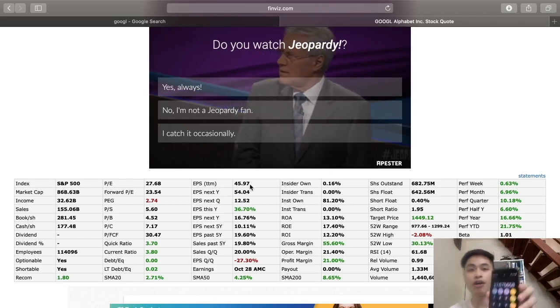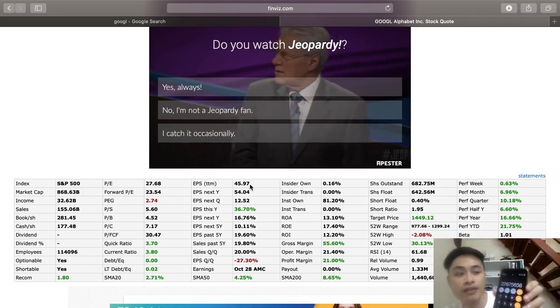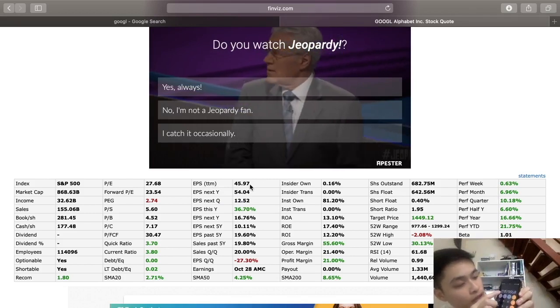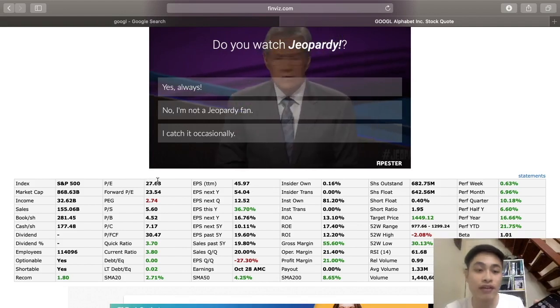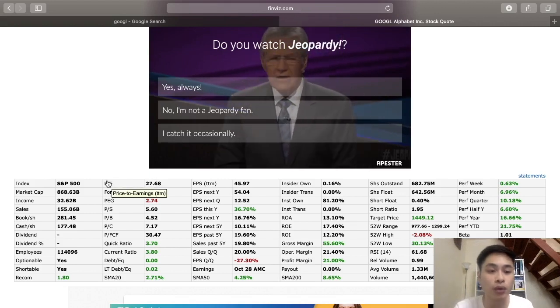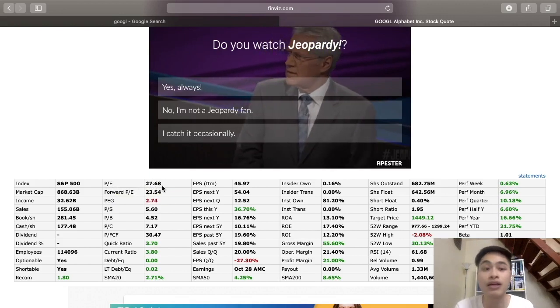As you can see on my calculator app, Google's price earnings ratio is 27.67, which is very similar to the PE ratio provided by the financial website. As you can see here, the price earnings ratio of Google is 27.68. What I got on my calculator is 27.67. So that's how we calculate the price earning ratio of a company.